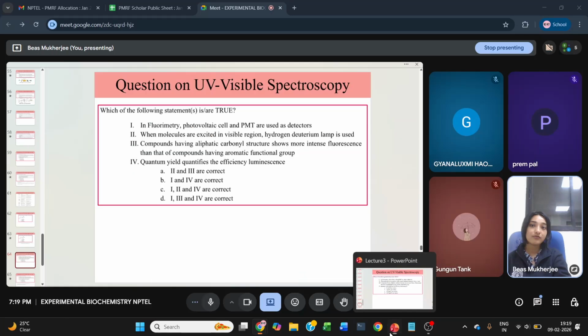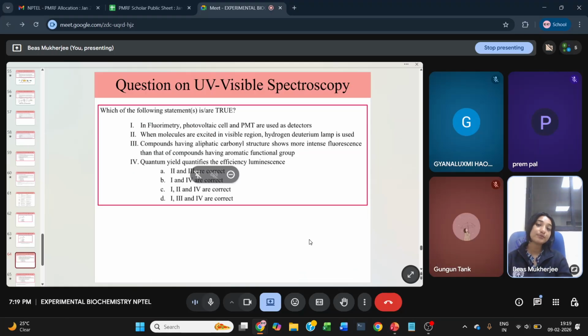Now, which of the following statements is or are true? In fluorimetry, photovoltaic cell and PMT are used as detectors. PMT is photomultiplier tube. I was telling you about that. When molecules are excited in the visible region, hydrogen deuterium lamp is used.